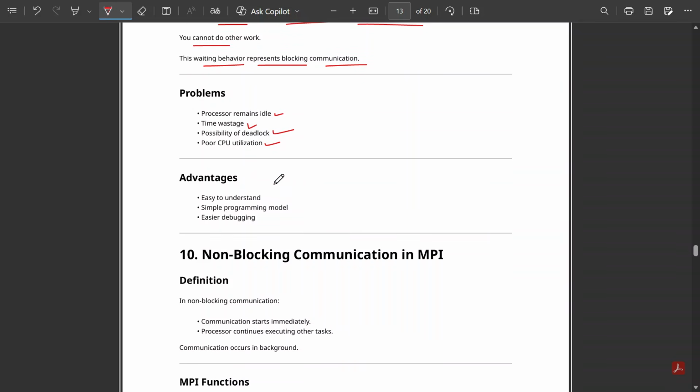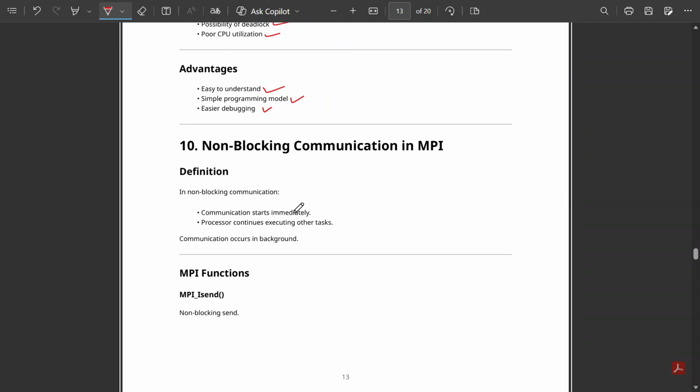And its advantages are that it is very easy to understand, easy to debug, and simple programming. Next we have the non-blocking communication in MPI. In non-blocking communication, the process is a little different. In this, the process does not wait for the message to complete.